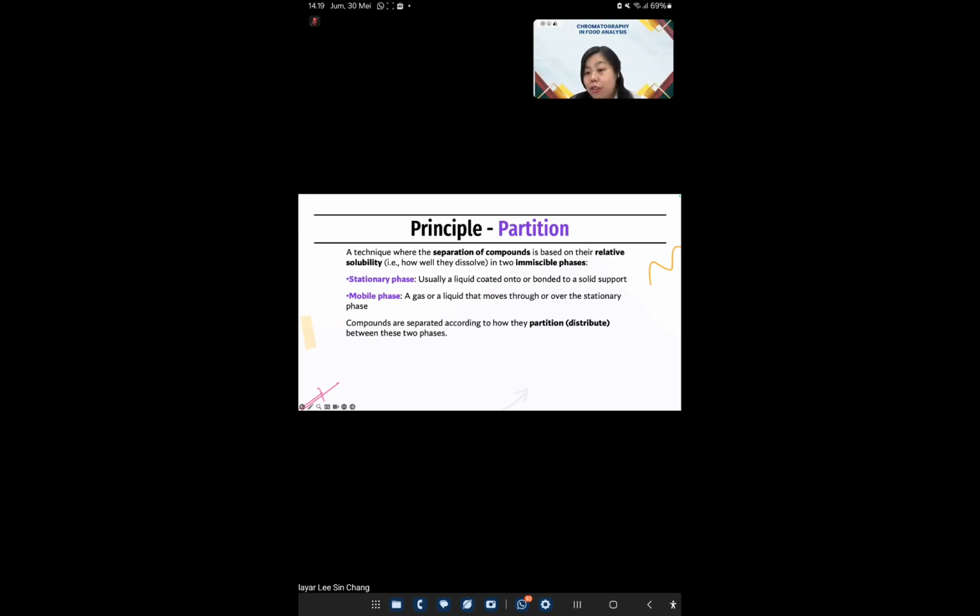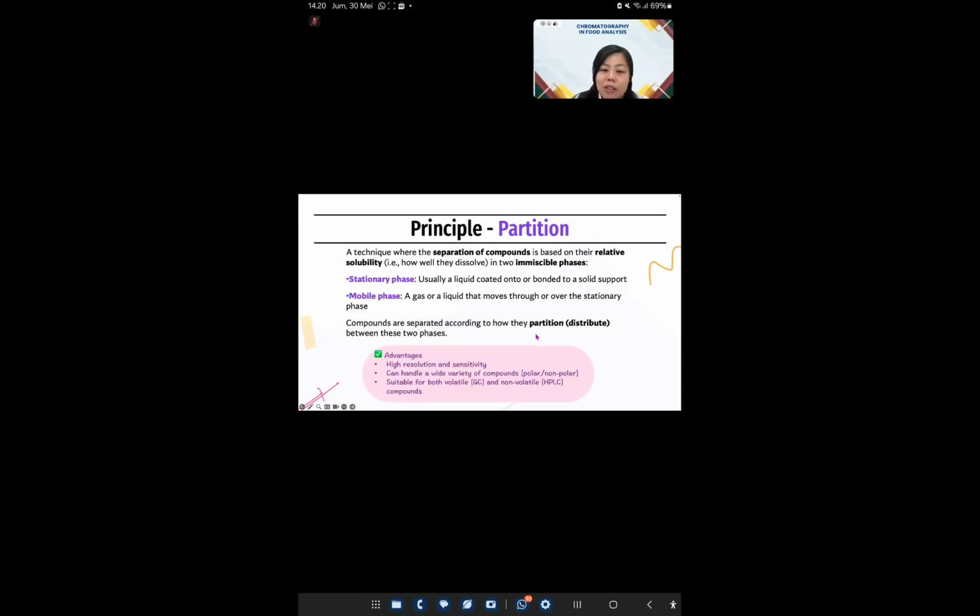Usually the stationary phase is a liquid coated on a solid, and then we use a mobile phase. The mobile phase can be a gas or a liquid that stays over the column. The compound that you want will be separated based on how it distributes between these 2 parts, A and B, but A and B cannot mix together.